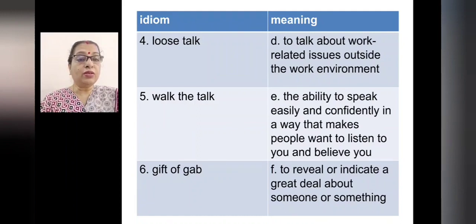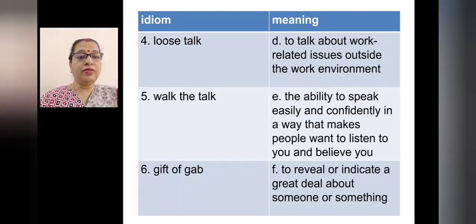Then the fourth one: loose talk, walk the talk, gift of gab. This side is given: to talk about work related issues outside the work environment; the ability to speak easily and confidently in a way that makes people want to listen to you and believe you; to reveal or indicate a great deal about someone or something.